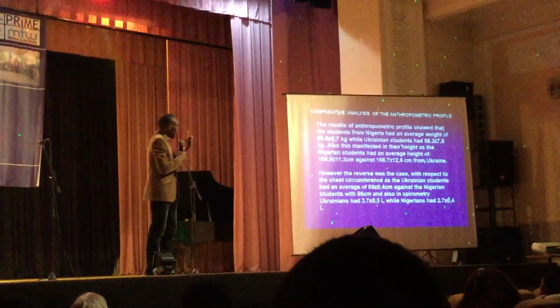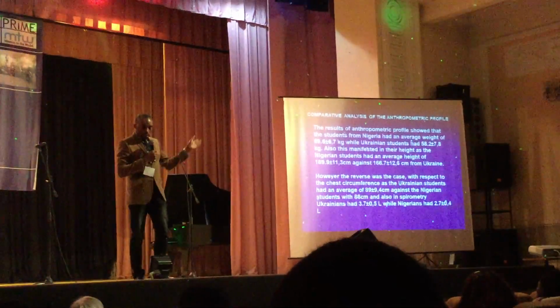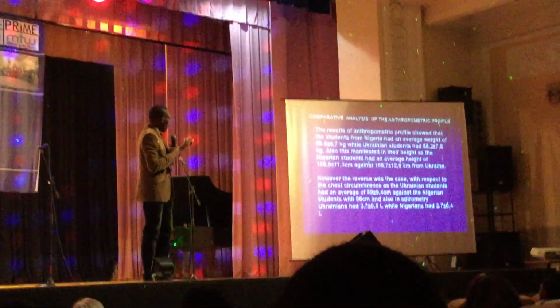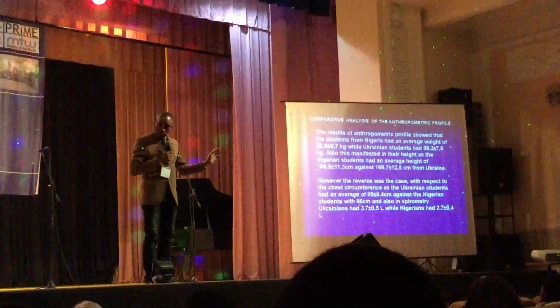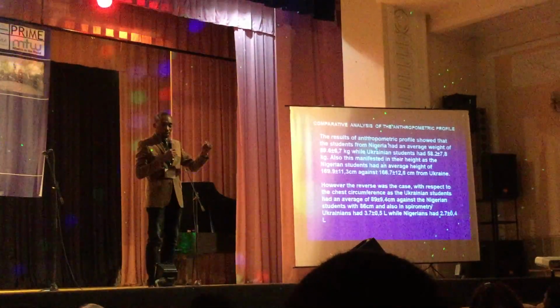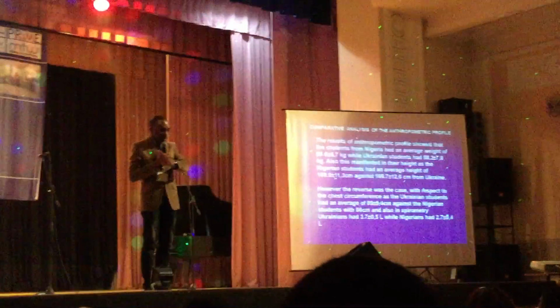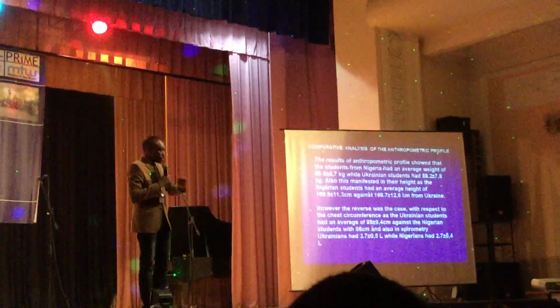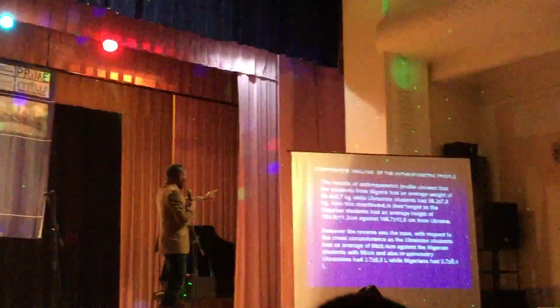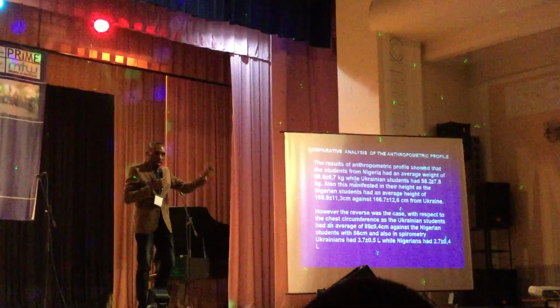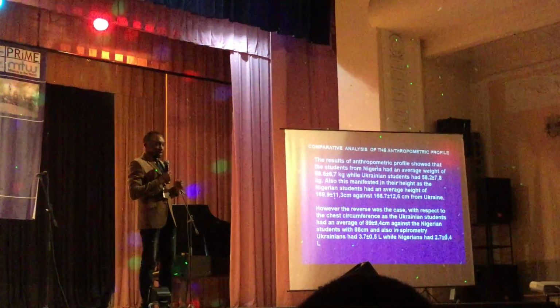We discovered that Nigerian students have an average weight of 69.6, while the Ukrainian students had 58.2. It's clear, we are way higher than Ukrainian students, but it's not by weight alone. Next, we saw that we also have an average height higher than that of Ukrainian students.